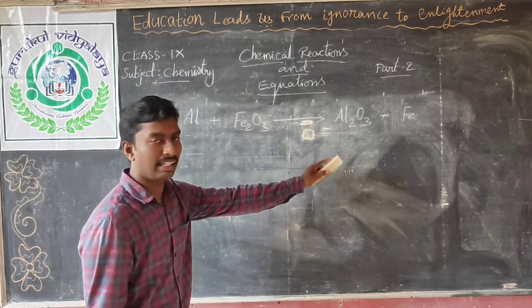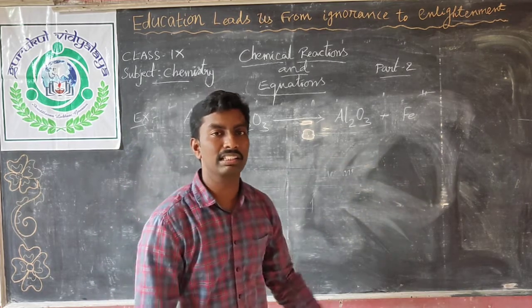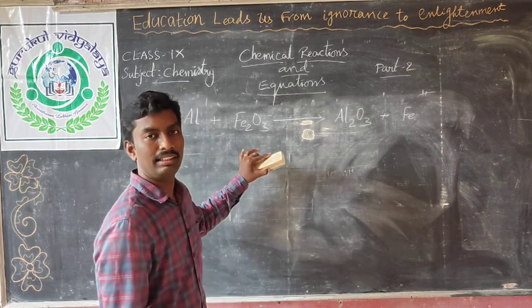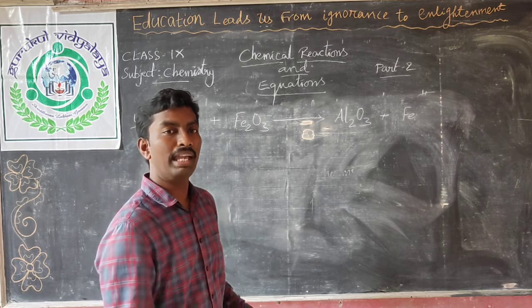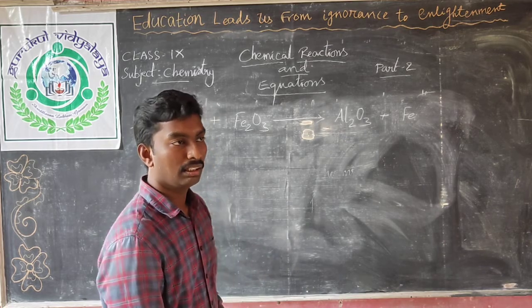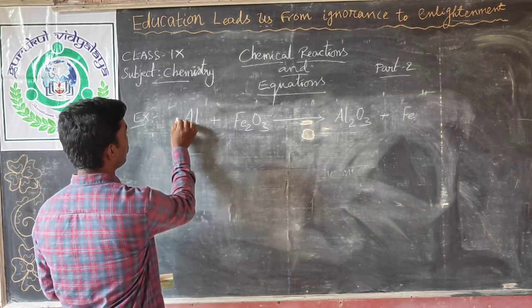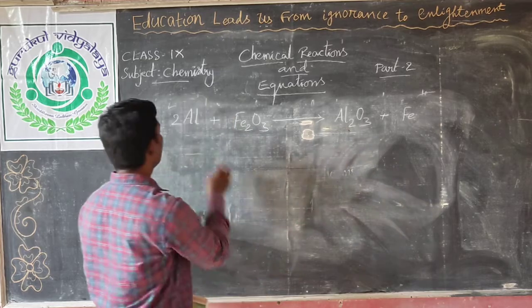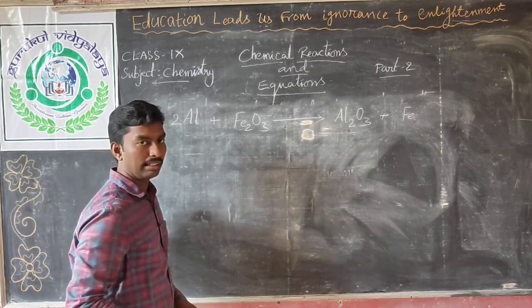So in this chemical reaction, can we say it is a balanced chemical equation? If you observe clearly, it is not balanced. To make it a balanced chemical equation, recall your previous knowledge. By keeping 2 here, as aluminum atoms are 2 here, aluminum atoms are balanced.